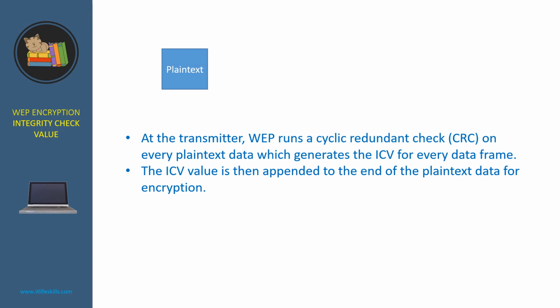Before performing the encryption, WEP first generates the integrity check value or ICV for every data frame. Here is how it does it. As a transmitter, WEP runs a cyclic redundancy check or CRC on every plaintext data, which generates the ICV for every data frame.